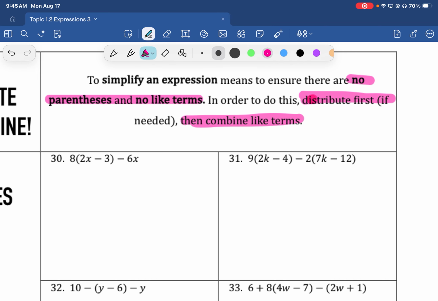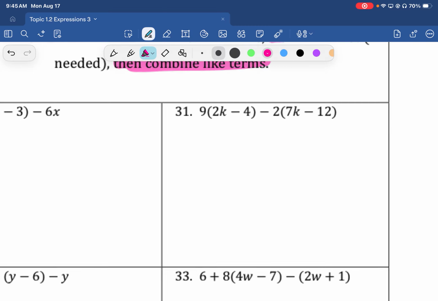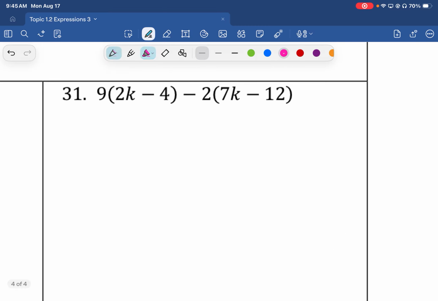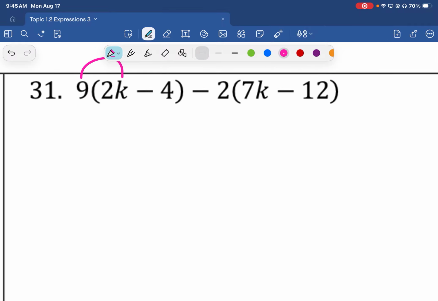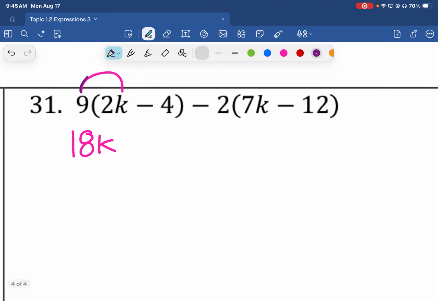So we're going to go to number 31, because we're going to go through our odds. So I'm going to start with distributing what? 9. Okay, we're going to distribute 9 times... What is 9 times 2k? Okay, then we're going to distribute 9 times, which is -32.